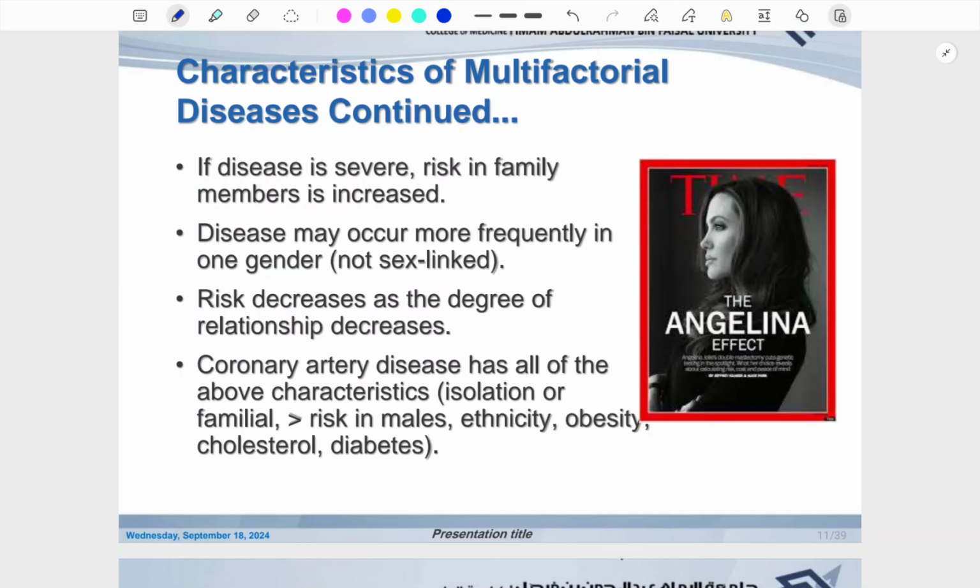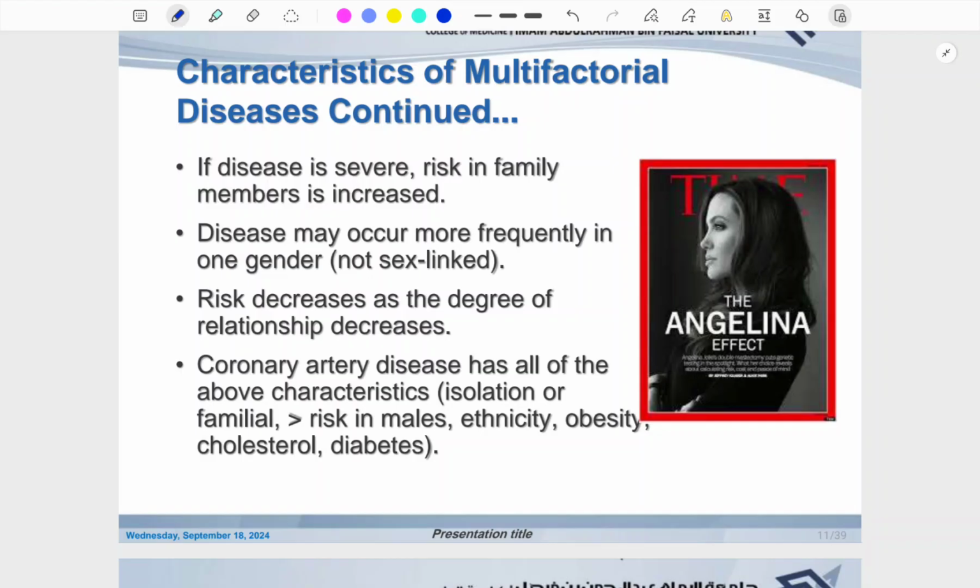Why did I put her picture here, do you know who she is? Angelina Jolie. She's one of the famous actors in America, a top superstar. Her mother died of breast cancer. Her aunt died of breast cancer. And her aunt on her father's side was diagnosed with breast cancer.